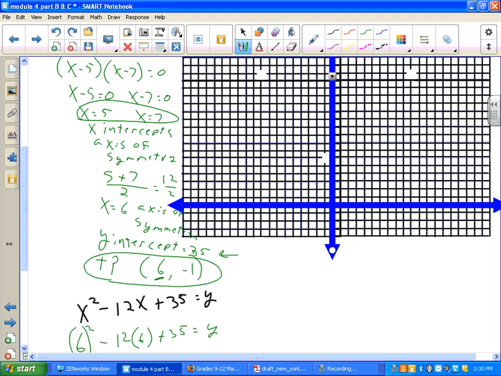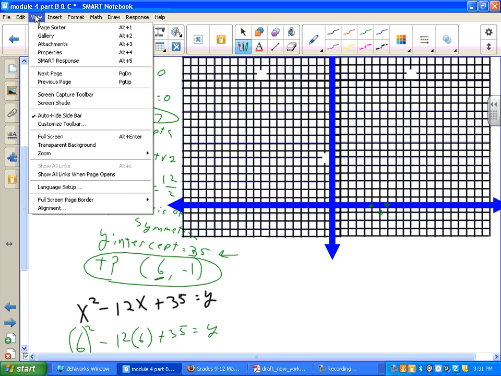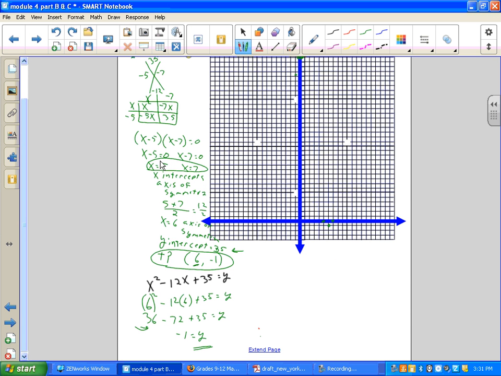Then my x-intercepts are 5 and 7. 1, 2, 3, 4, 5. That's supposed to be a little bit to the left. 6, 7. And the turning point is right there. So I want to go nice and smooth. Make sure that you have a smooth parabola on the bottom.